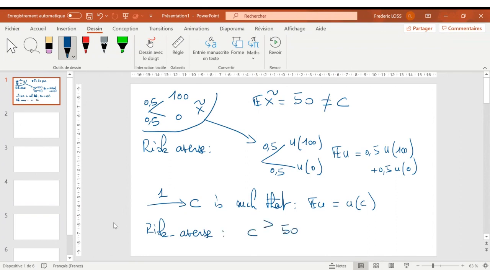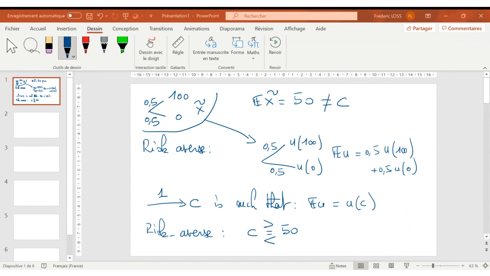What would be the inequality? What is your idea about that?